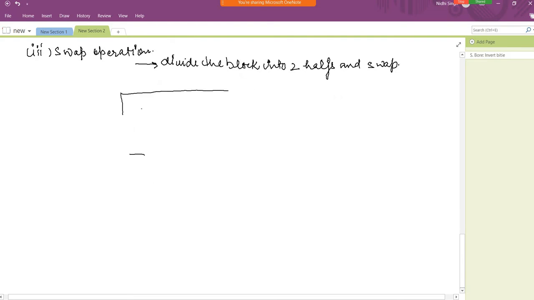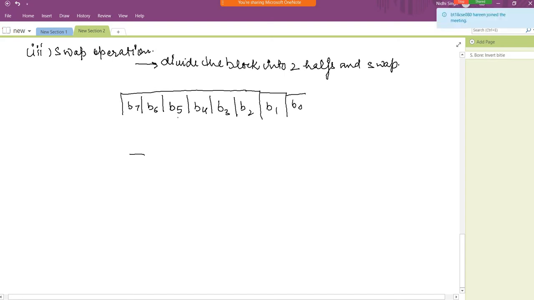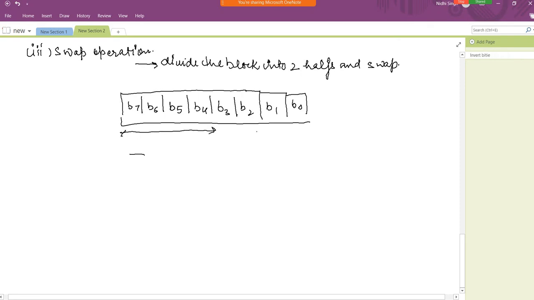Suppose this is my block: B7, B6, B5, B4, B3, B2, B1 and B0. Now divide it into two halves. So the first half is this one and the second half is this one.